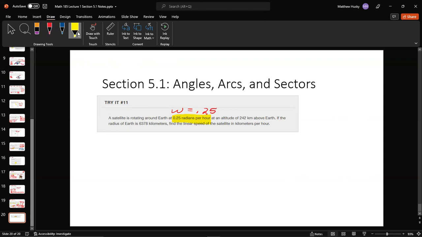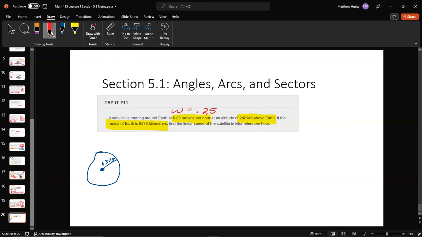We have an altitude of 242 above Earth, and then we also have the radius of Earth. So basically what's happening here, we'll do it in blue because that would make sense for drawing the Earth in blue. Yes, that's kind of a lumpy Earth, but we'll go with it. So the center of the Earth is right here. There's the journey to the center of the Earth. And that's 6378. That's the radius of the Earth.